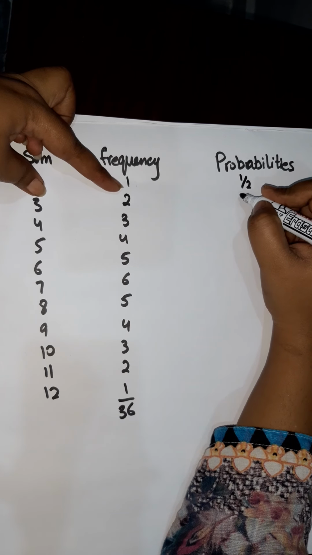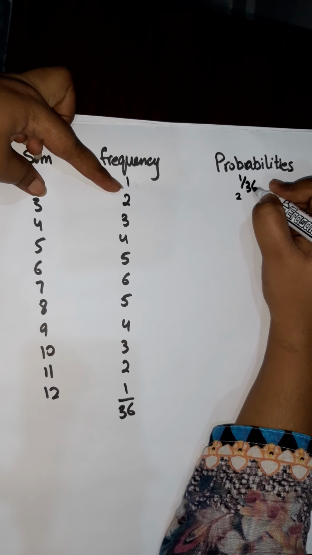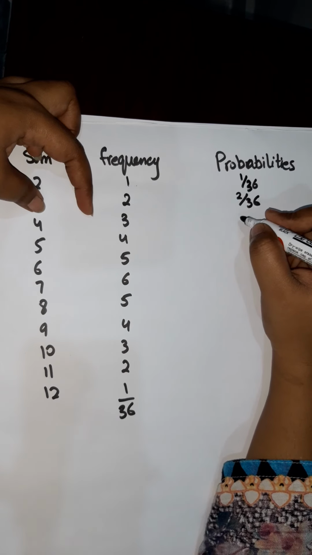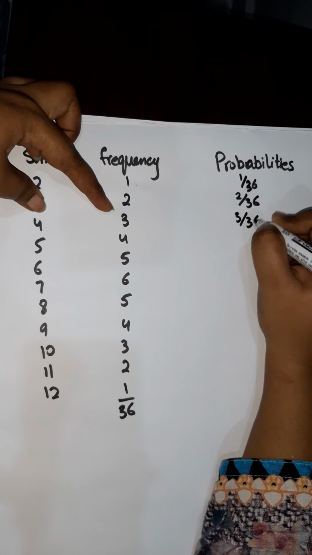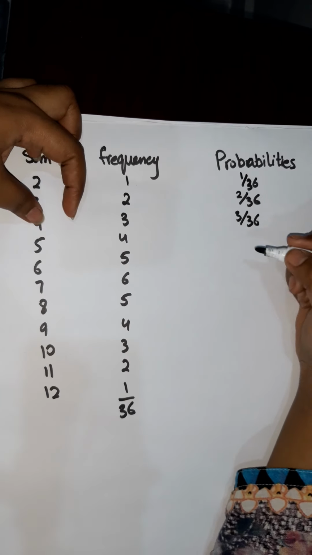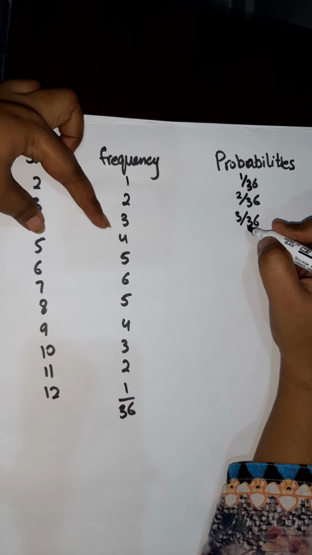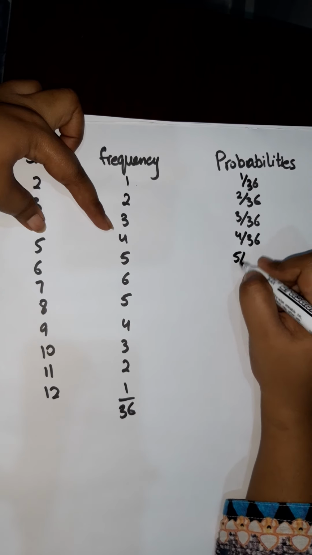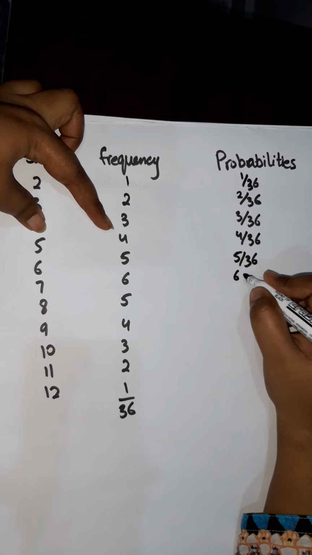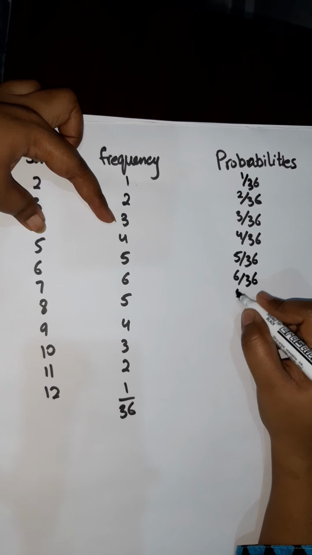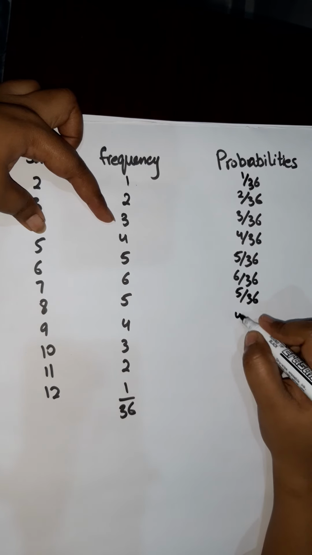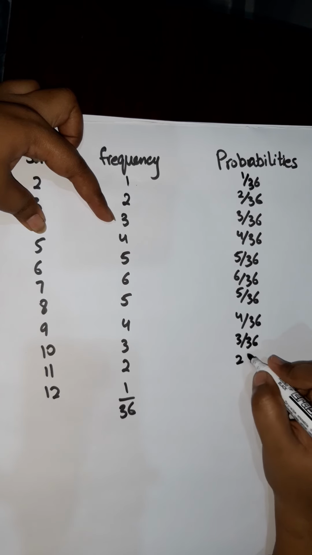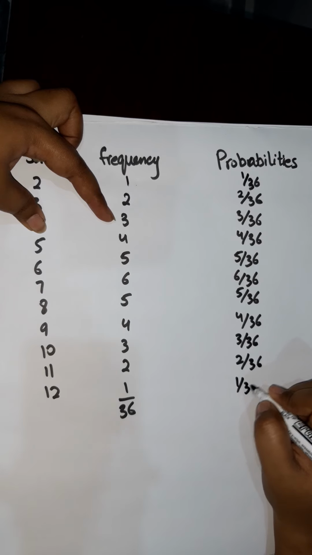So the probability of 2 will be 1 by 36. Then the probability of 3 will be 2 by 36. Probability of 4 will be 3 by 36. We are taking the frequency and dividing it by the total. Probability of sum 5 will be 4 by 36, then 5 by 36, 6 by 36, 5 by 36, 4 by 36, 3 by 36, 2 by 36 and 1 by 36.